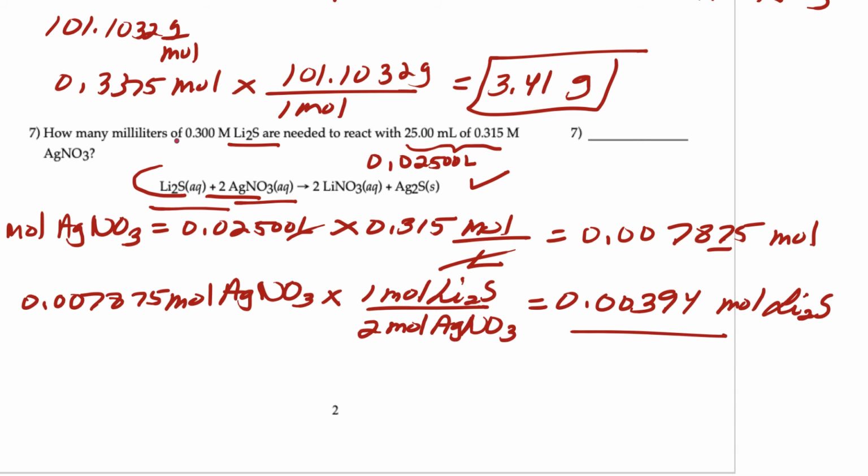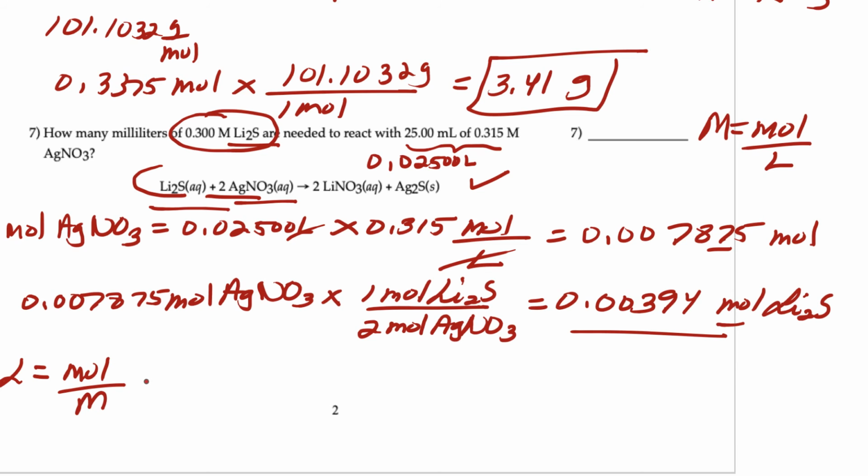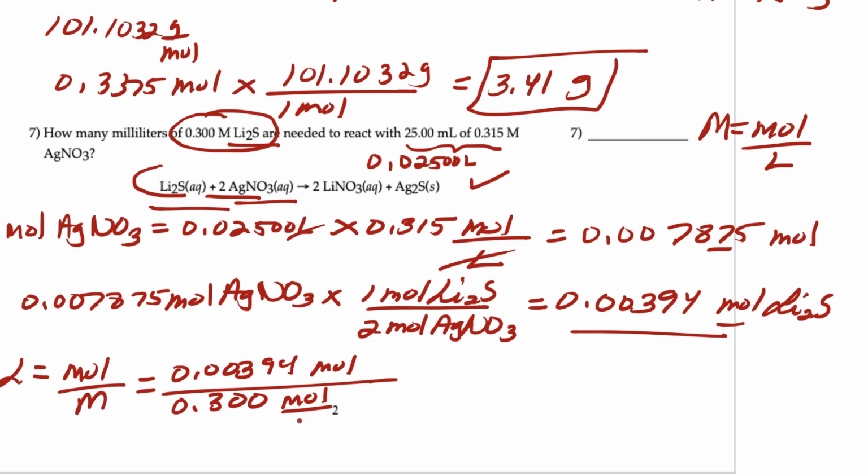And what they want to know is how many milliliters would be needed. Well, we have the molarity and we have the number of moles. Remember, molarity is moles per volume in liters, and we need to know the volume. So liters is going to be equal to the number of moles over the molarity. So we have 0.00394 moles divided by 0.3 molar, or 0.3 moles per liter.